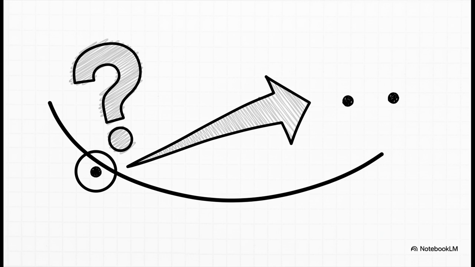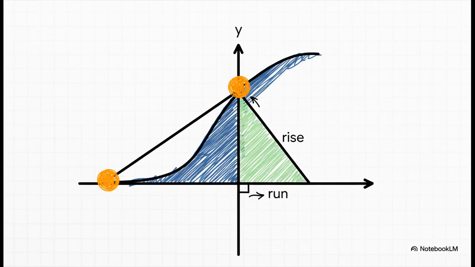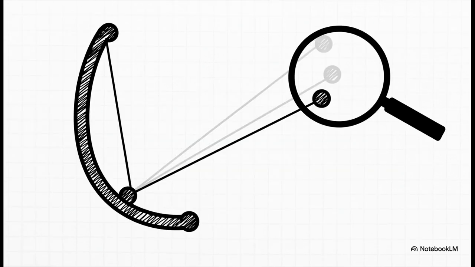So, how do we actually find this magical new function? Well, the original method has this simple, totally genius idea at its core. It says, look, if you can't measure the slope at one point, then don't. Instead, what you do is you start by drawing a straight line that connects two different points on the curve. That's easy enough, and then you just find the slope of that simple straight line. Now, this is the brilliant part.